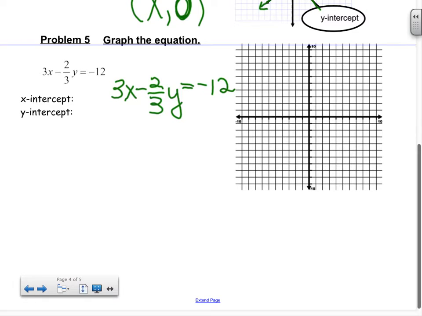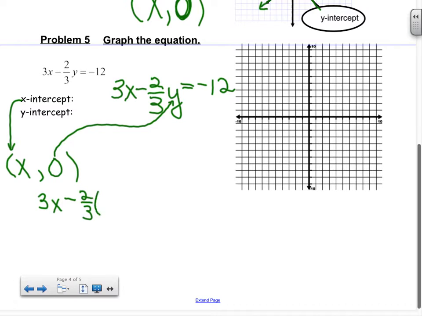Let's get the x-intercept. If you want to know where it crosses the x-axis, you're looking for x. Everywhere on the x-axis, the y value is 0, so just let 0 go in for y. So 3x minus 2/3 times 0 equals -12.